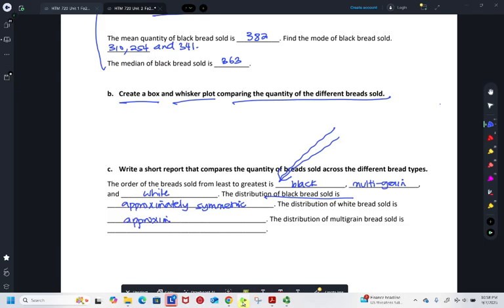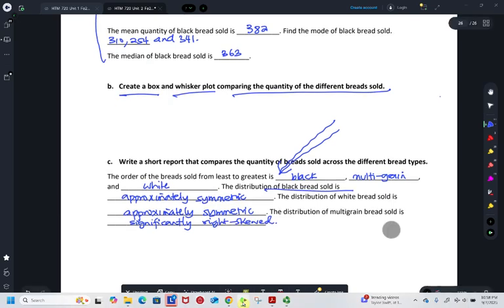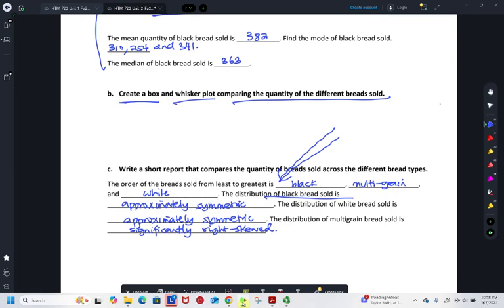But that of multi-grain bread is significantly right skewed. That brings us to the end of Unit 2.